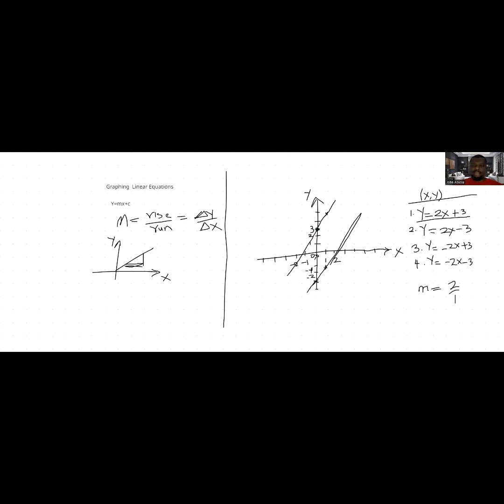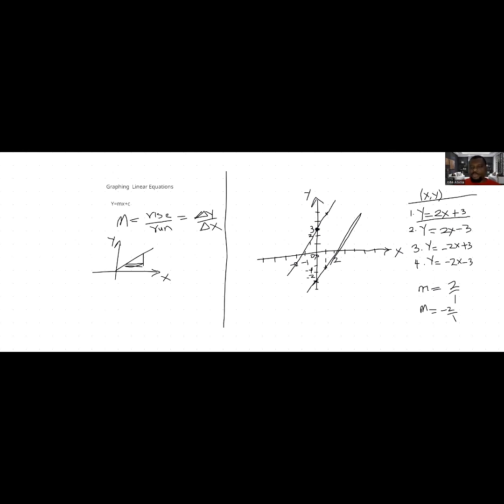Let's look at the third example. For this case, the slope is negative 2 and the intercept is positive 3. So again, the line is going to cut through the y-axis at positive 3, but this time around the slope is negative 2. We can write it in terms of changing y over changing x as negative 2 over 1.